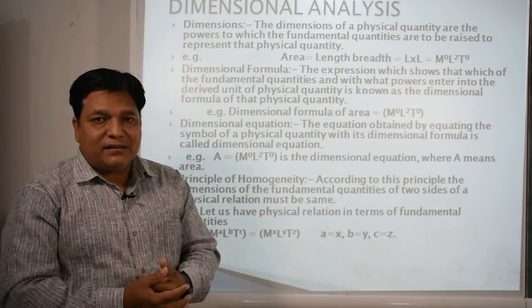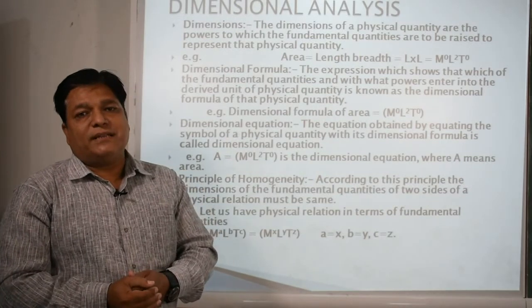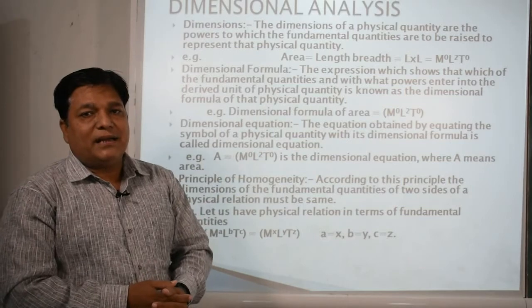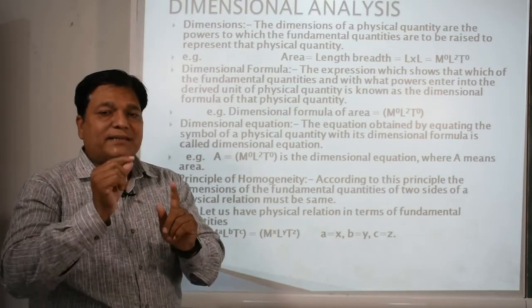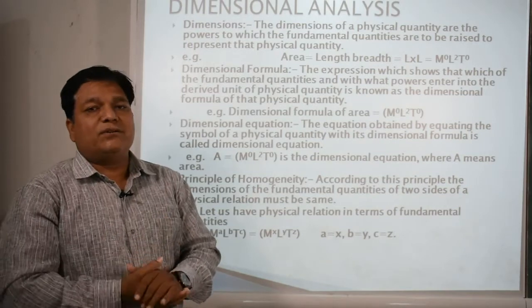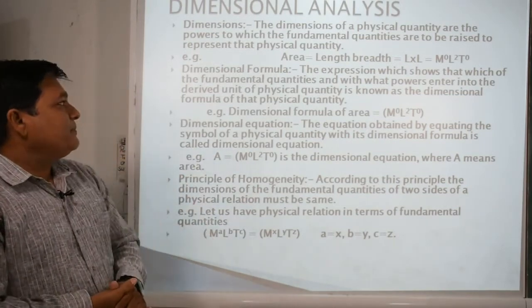We take area. Area is made up of length into breadth, so 2 times length are there. If we multiply length into length, we get L square, and L square means L to the power 2. This power 2 is said to be the dimension of length. So this is considered to be dimension.